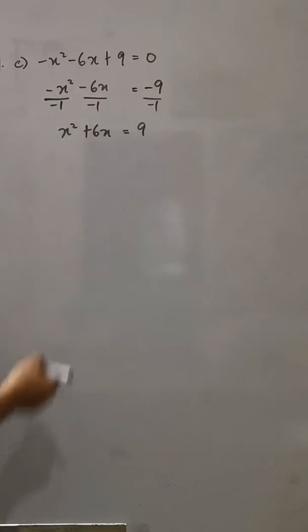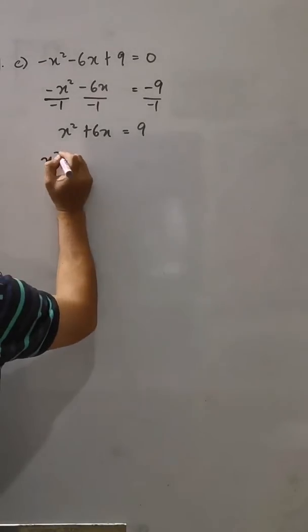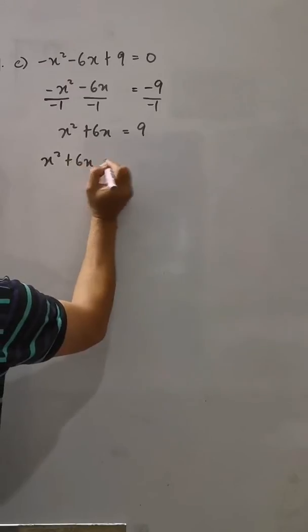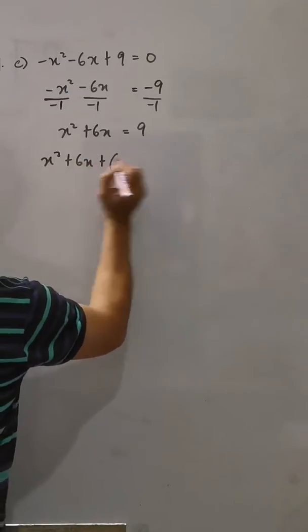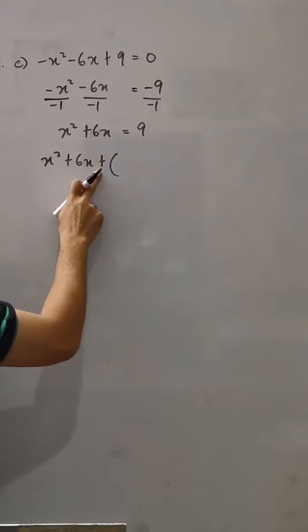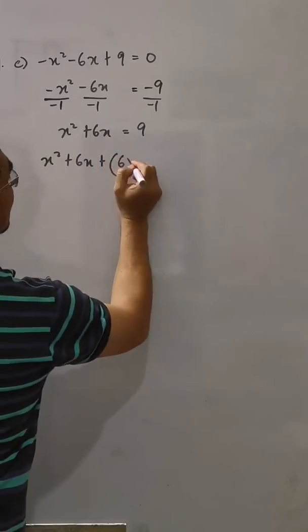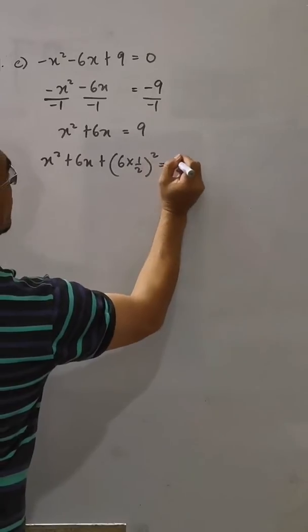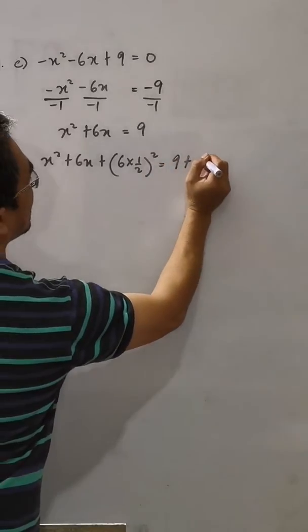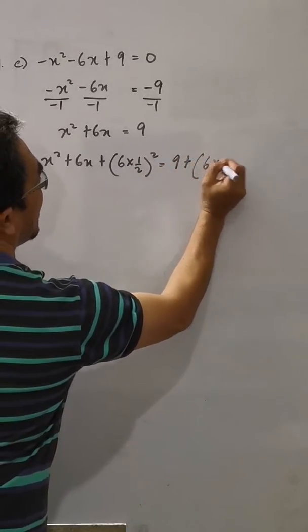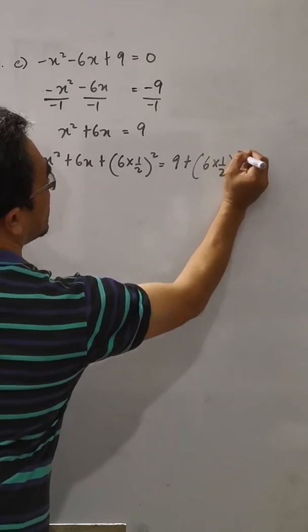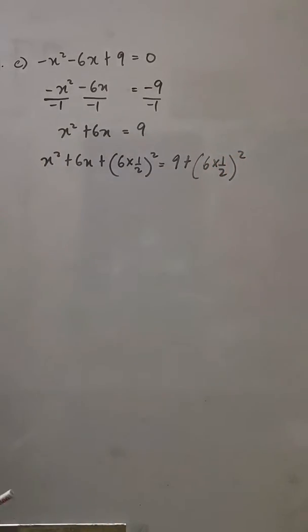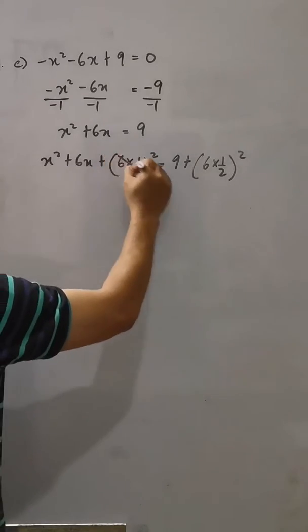Then the next step, multiply b, that is plus 6 times 1 over 2 squared equals 9 plus 6 times 1 over 2 squared. So I will simplify it here. 6 times 1 over 2 becomes 3.